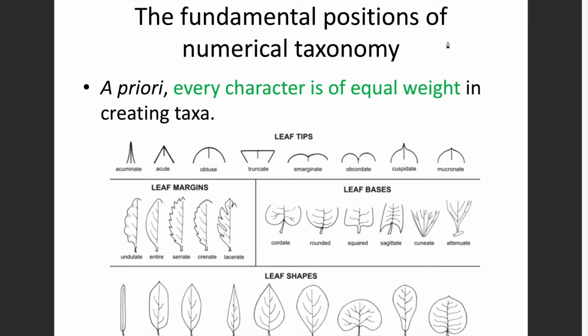So because phenetics and numerical taxonomy is an a priori model of reasoning in which you must put an equal weight on every character that you are measuring, every measurement that you are recording, even if it's lip tip, lip margin, lip base, lip shapes, all of these characters in the eyes of numerical taxonomy, they are equal in weight. They are all used equally in creating the taxonomic classification scheme of numerical taxonomy.